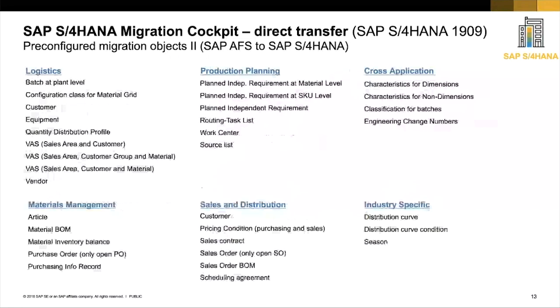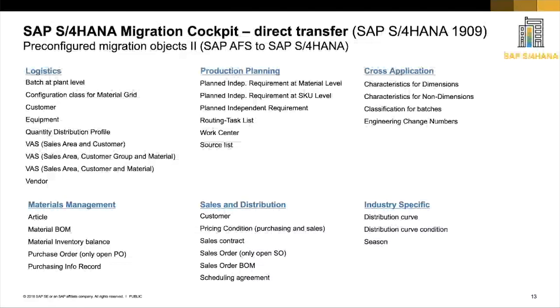And then we also cover all other domains which are present, like logistics, product planning, sales and distribution, industry specific content, which is very specific to the AFS solution, like distribution curves, seasons, and so on. Now, using these 70 plus objects, you'll be able to migrate your entire wholesale domain as well as manufacturing domain.